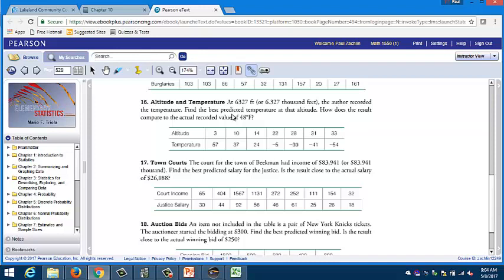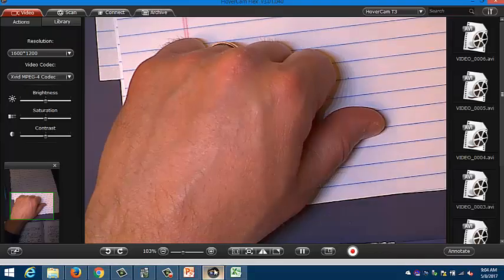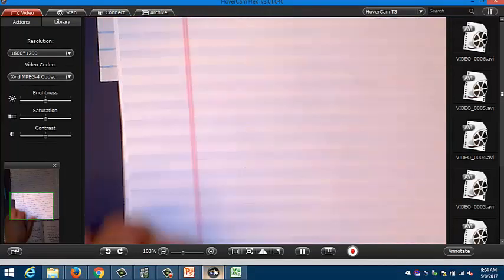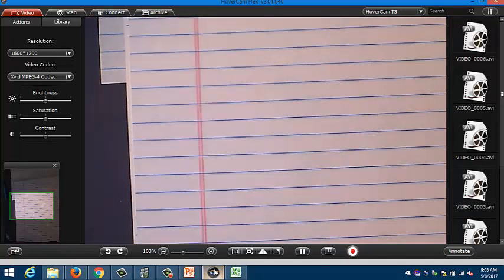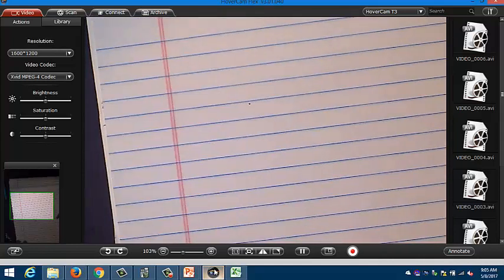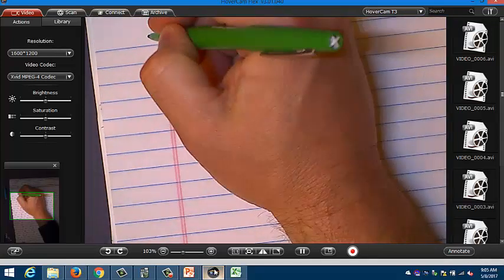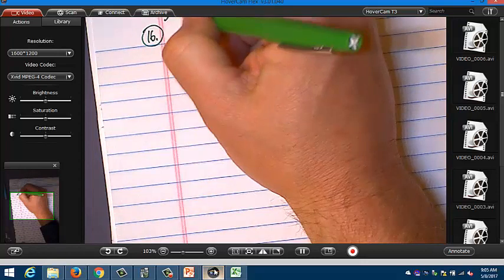So, when we look at 16, maybe the first thing I have to do is figure out what we are going to use for which variable, right? And so I'm going to let x be the altitude in thousands of feet. Let's start out by writing that because we're going to need that information. So problem 16, and this is section 10.3.